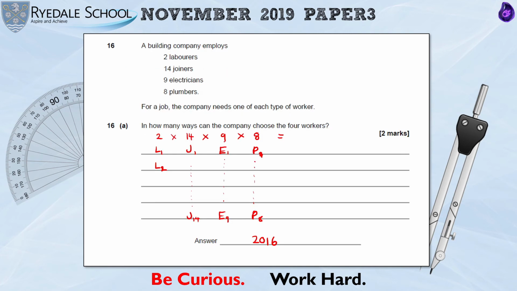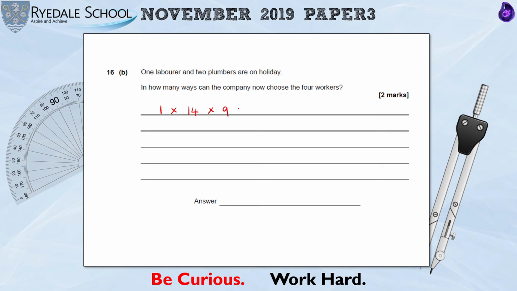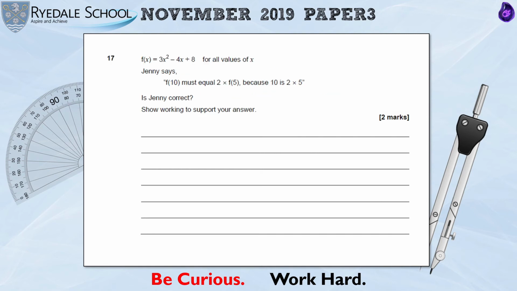We are now still at 9 choices for the electrician, but the plumbers are down to 6. So we just have to do 1 times 14 times 9 times 6. And now it is 756 different ways.